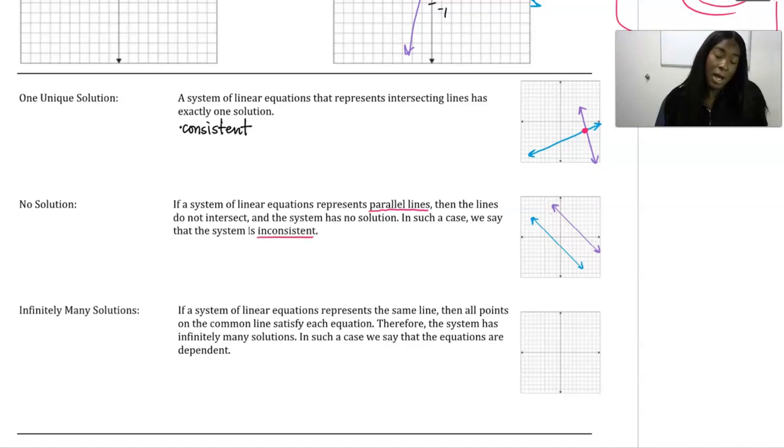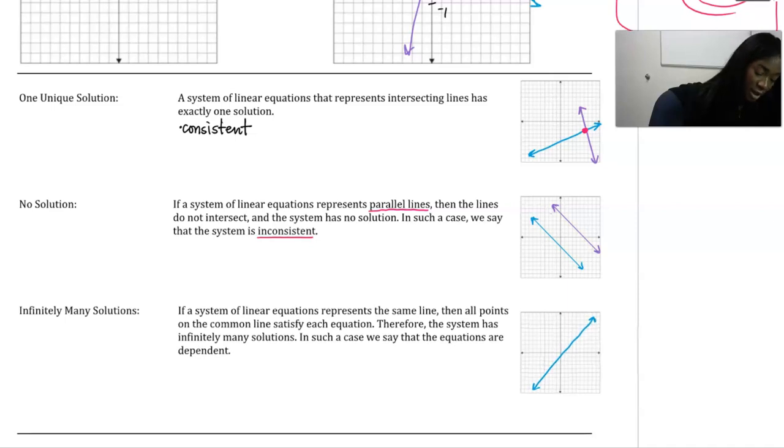The last possible scenario is that there's not just one solution, but there are infinitely many solutions. So in order for there to be infinitely many solutions, we have to be talking about the same line. So if this is one of the lines, and this is the second line, notice I'm sketching directly on top of the first line that I drew.